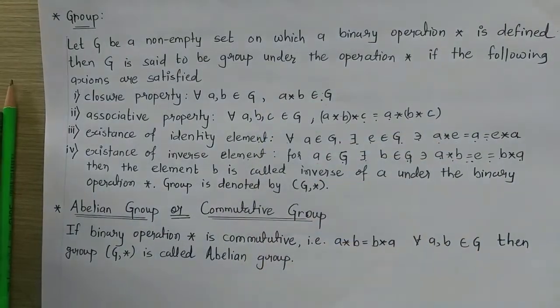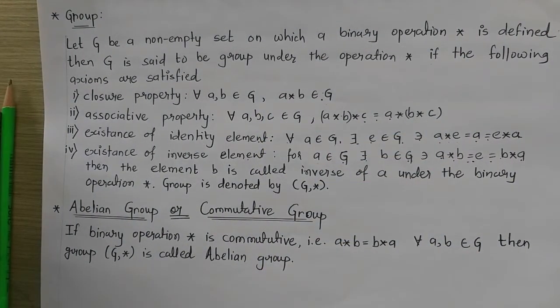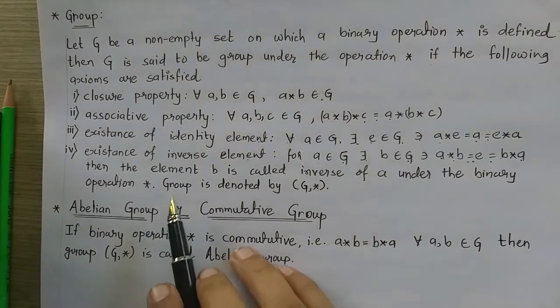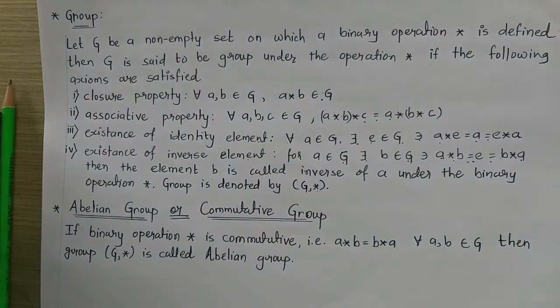This is the definition of group. We will study more about group in the third year if you take mathematics as your core subject. Now group is denoted by (G, star).